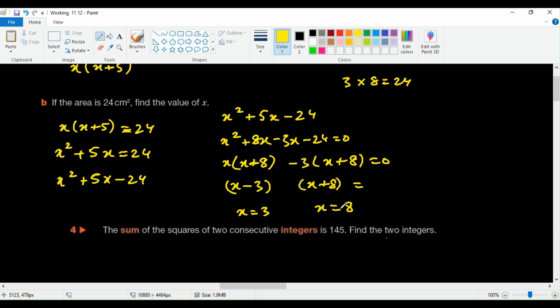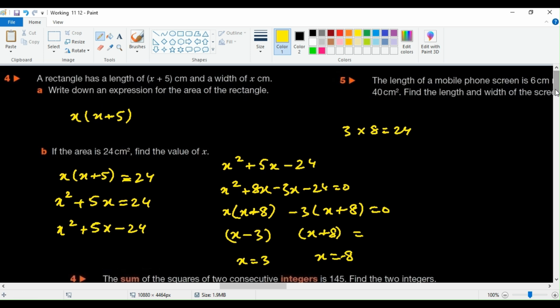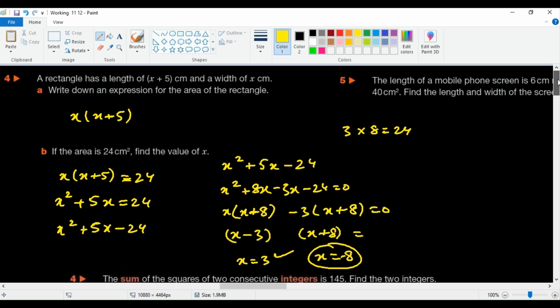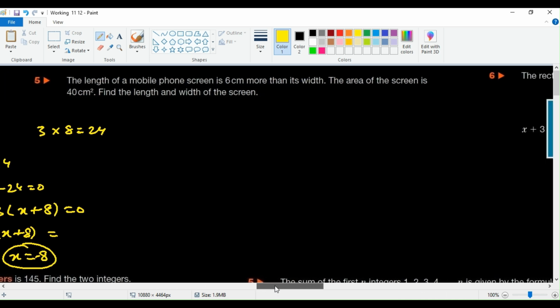So these are the two possibilities for the value of x. As you can see, negative is not possible, so we'll take the positive value as the answer for this question. Now moving on to the next question, which is question number 5.